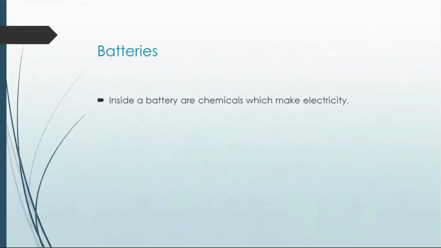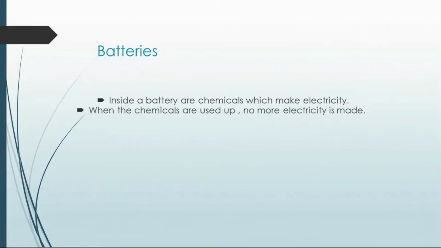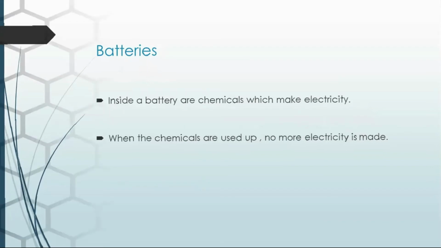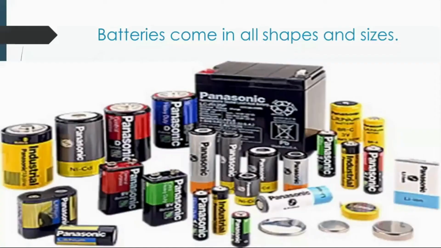Now a battery has a chemical inside it which makes electricity. When all the chemical is used up, no more electricity is made. So at that time, we have to change what? Our battery. Now, batteries come in all shapes and sizes.